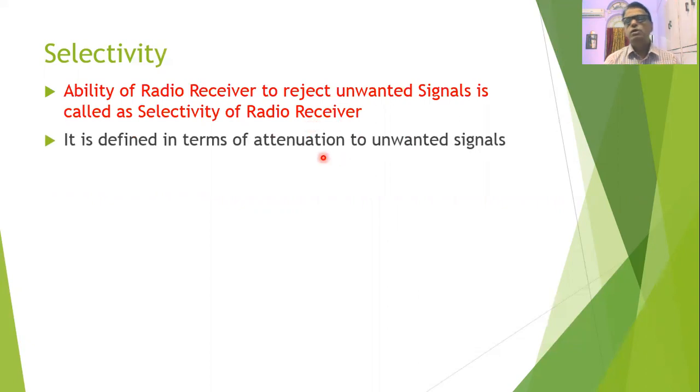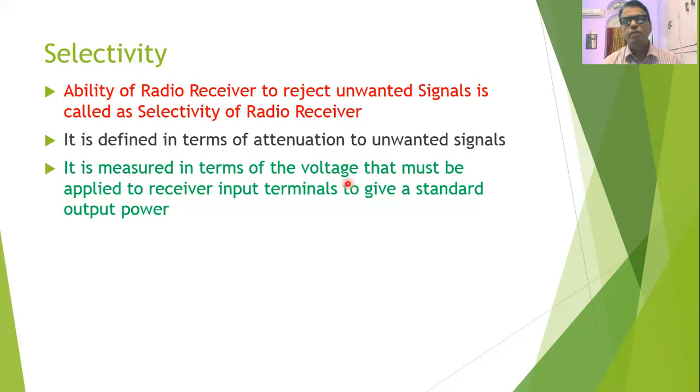Selectivity of the radio receiver is defined in terms of the attenuation to the unwanted signal. That is, whenever there are certain unwanted signals at the input of the radio receiver, the radio receiver must stop the processing of such unwanted signals. So this attenuation is measured and that is called the selectivity of the radio receiver.